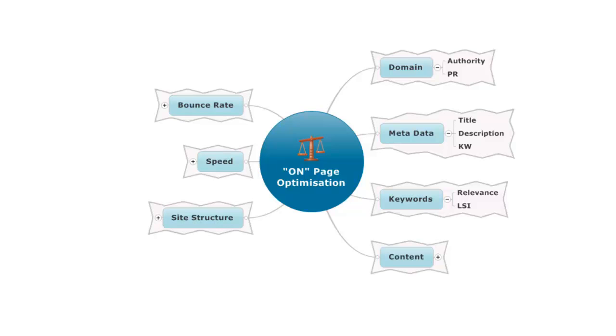LSI, which I can't even pronounce, latent semantic index, is basically where Google will give you ideas of other words that are relevant to the main keyword. So that's very important just to bear in mind, and we'll go into that in a lot more detail later on in the more advanced sections.